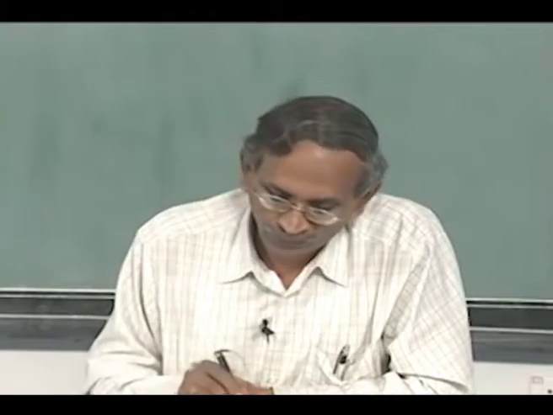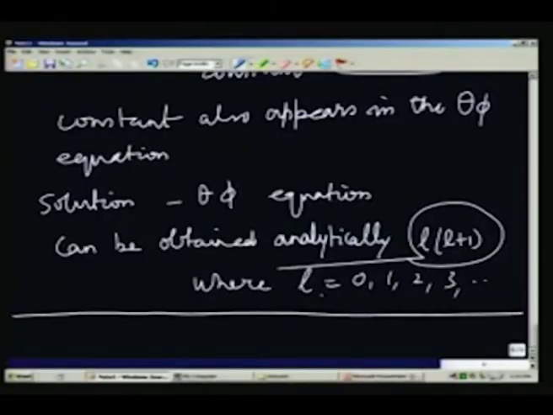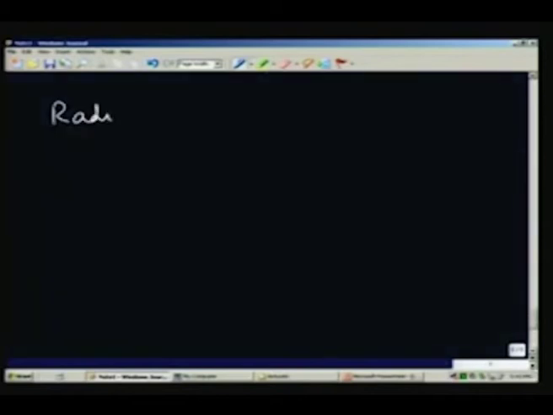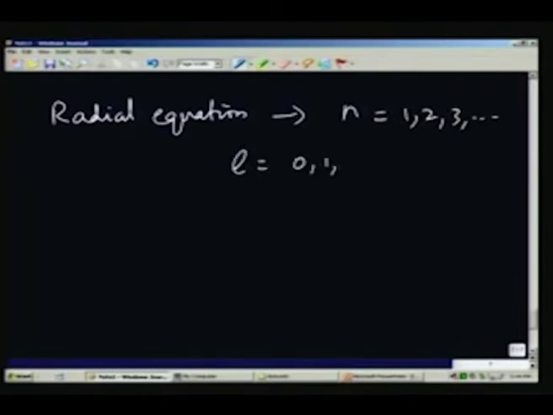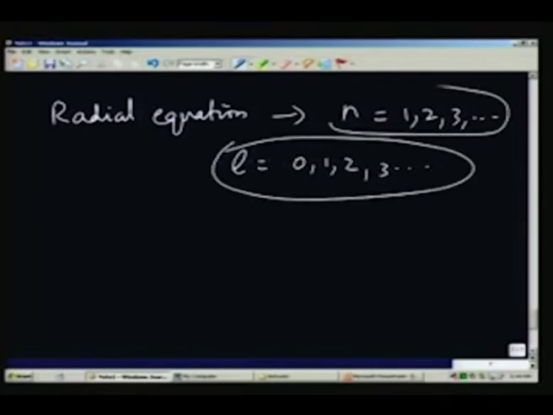Therefore, the radial function depends on two quantum numbers, one that comes with the L from the theta phi equation and one with the radial equation itself. The radial equation comes up with a quantum number requirement n which is 1, 2, 3 etc. and an L which is 0, 1, 2, 3 etc. But since the L is part of the radial equation coming from the theta phi equation, L cannot be arbitrary.